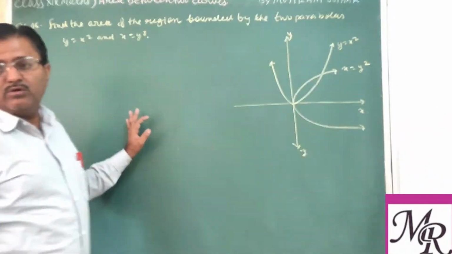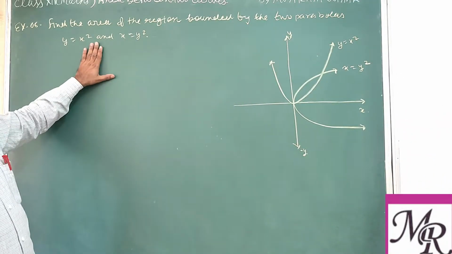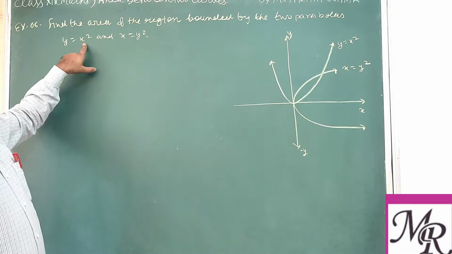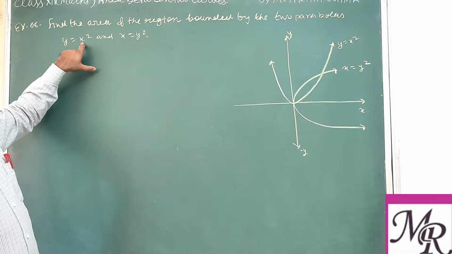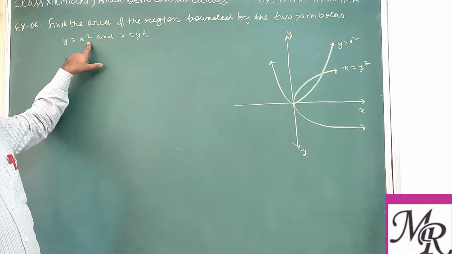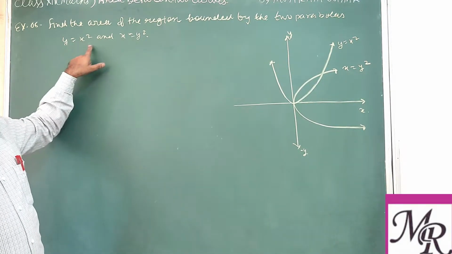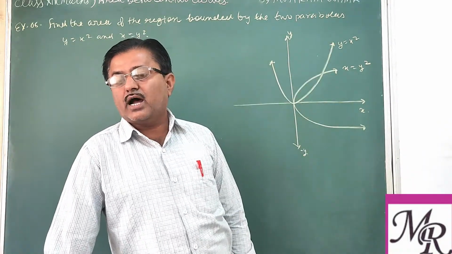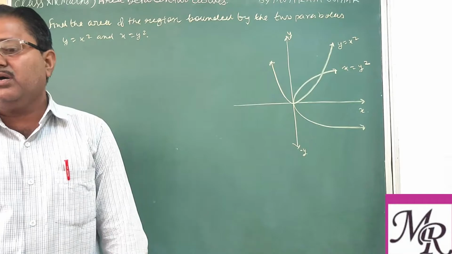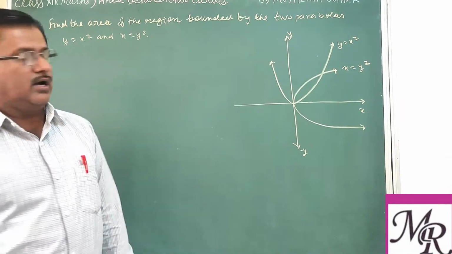If you do not know about the curve, you take x equal to 0, then y is 0, so it is passing through the origin. X is 1, y is 1. X is 2, y is 4. Then you plot the points and you can also draw the graph, if you are not familiar with the standard curve.